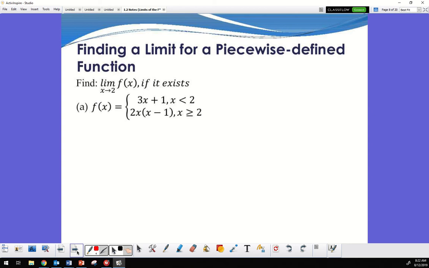First, left hand and right hand. Is there a restriction? Is there going to be a restriction for the left side of 2? Is there going to be a restriction on the right side of 2? No, they're both going to be just whatever it is at 2, right? So let's see.